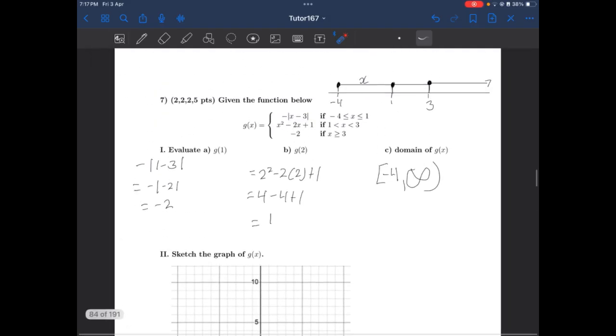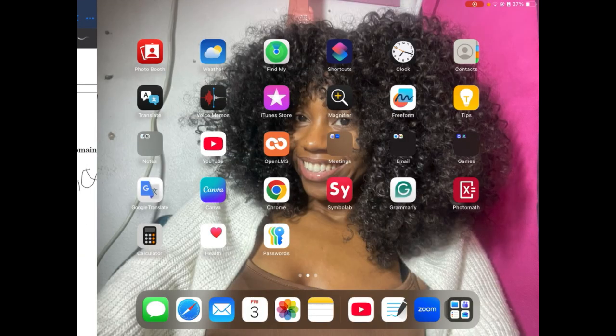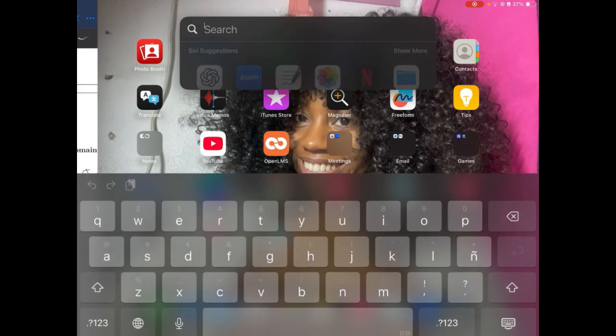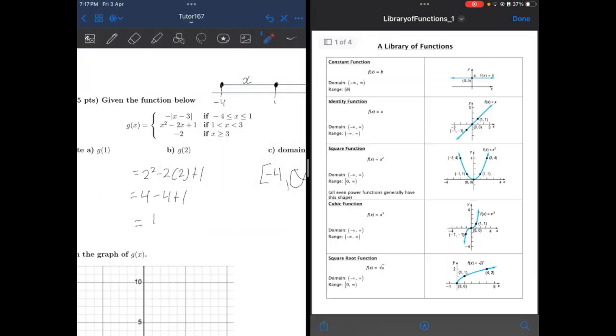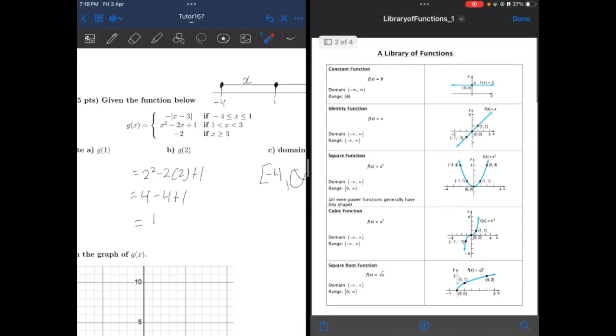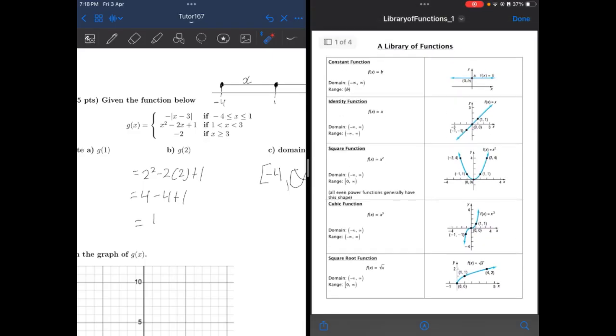So in order to sketch this graph, you have to be really familiar with the library of functions. So let's see how that looks. These are our library of functions, and you have to be really familiar with it to know how to approach these.